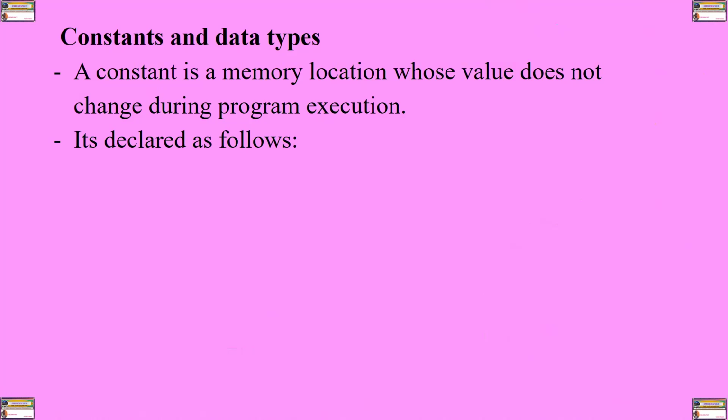So the way of declaring a constant is almost similar to the way you declare a variable, but now you precede it with the word const. So the syntax is const, which is a reserved word, followed by the data type, the type of data that memory is supposed to hold, and then the name of that memory, an assignment operator, and the value that you are assigning into it.